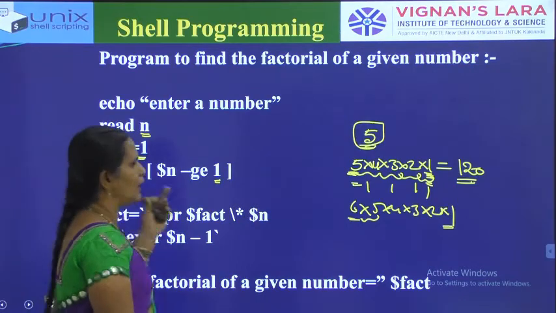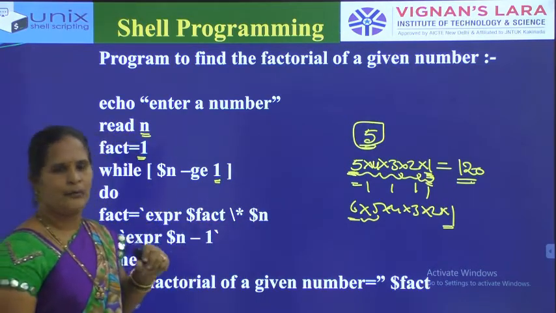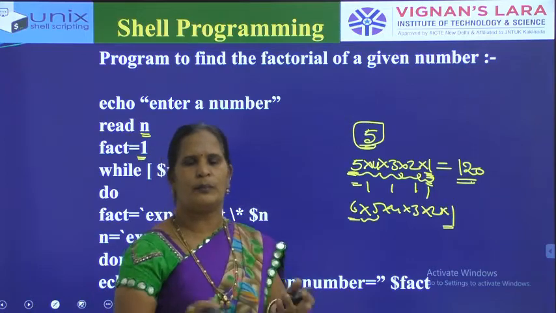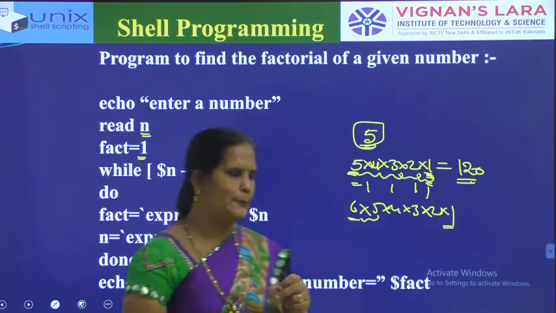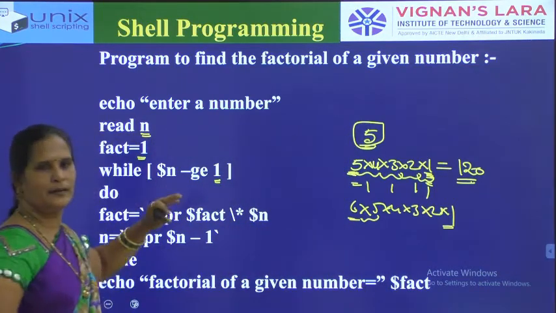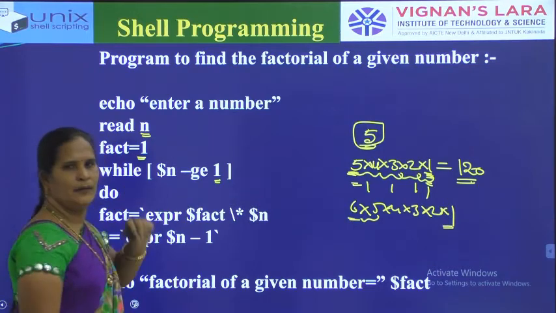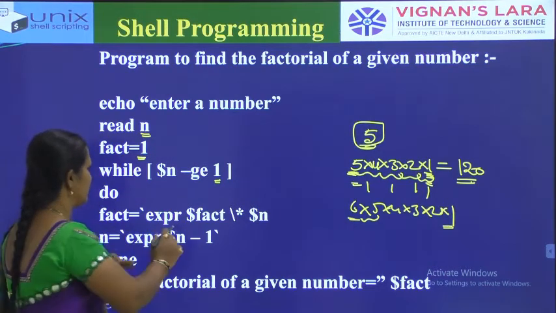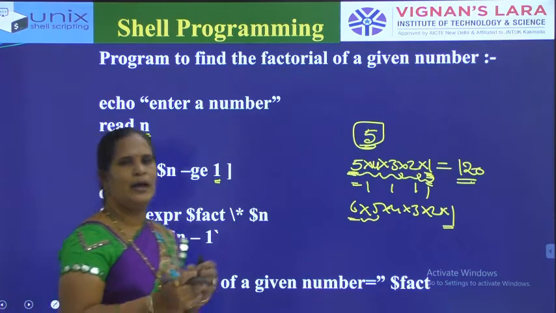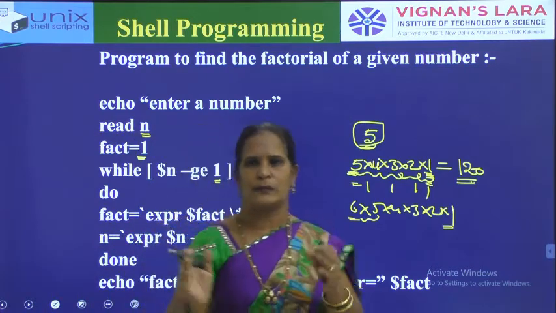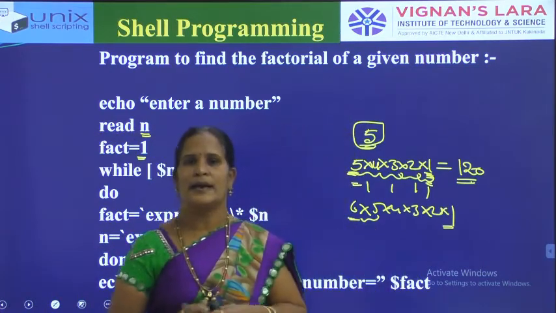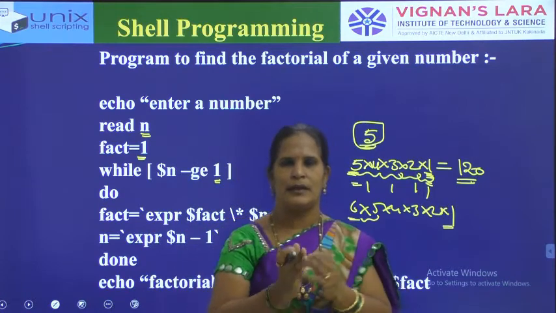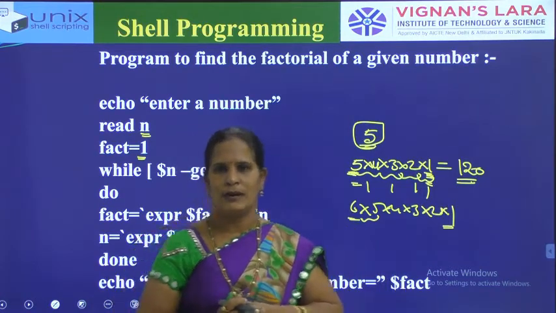By using a while loop, I am writing the program. We can write it by using any loop, either for loop, until loop or while loop. Here I am explaining the program with the while loop. What is the syntax of the while loop? While space, within the square braces, we have to specify the conditional expression. At the beginning one space, at the end also one space.